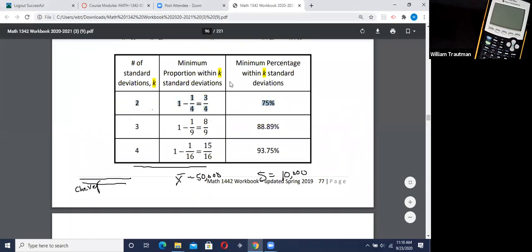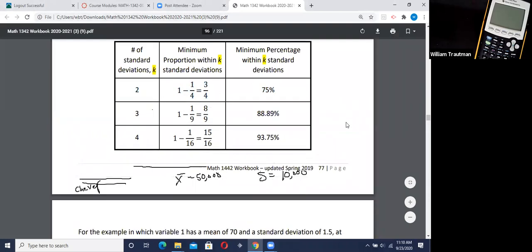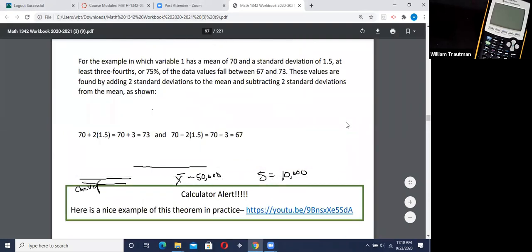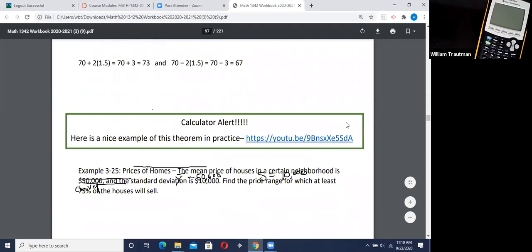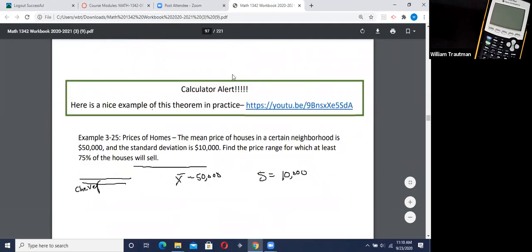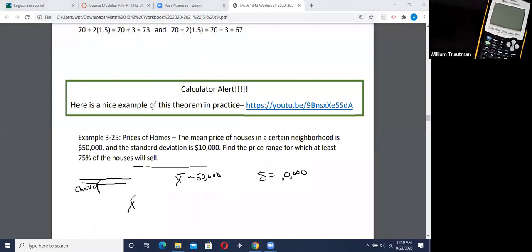So you have to remember that. So our average plus 2 times the standard deviation, then the average minus 2 times the standard deviation.